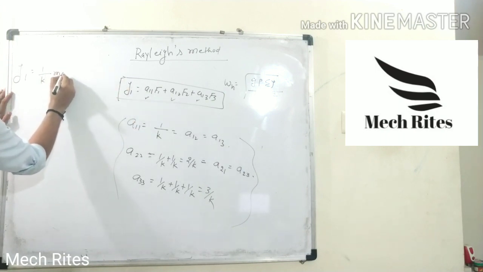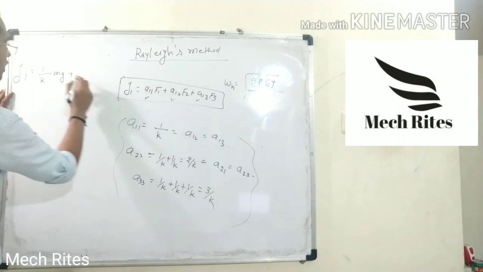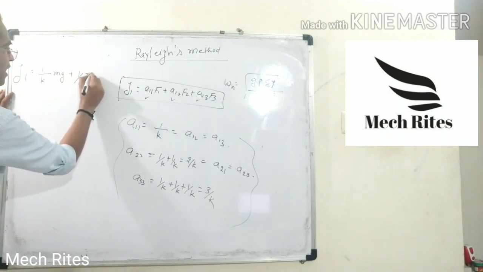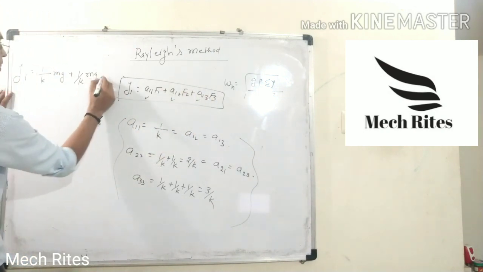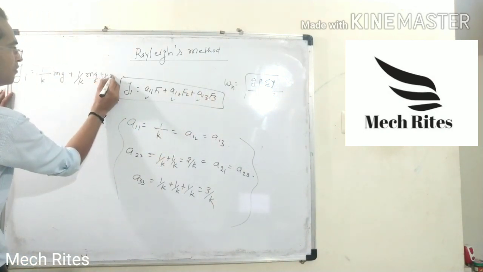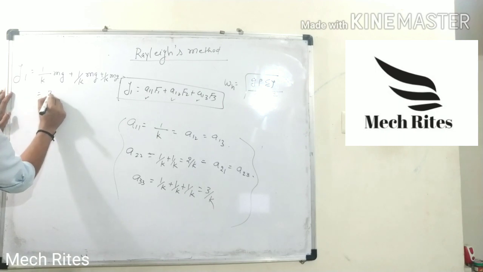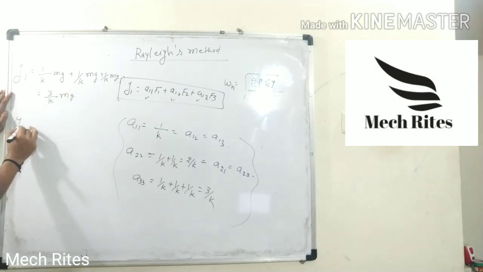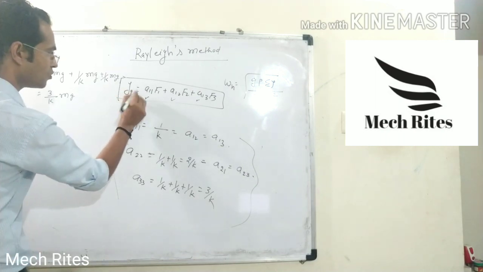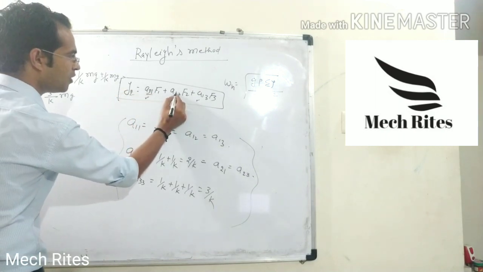F1 will be mg, plus A12, which is also 1 by k, mg. F2 is 1 by k, mg. So finally the value will be 3 by k mg. It is your y1.